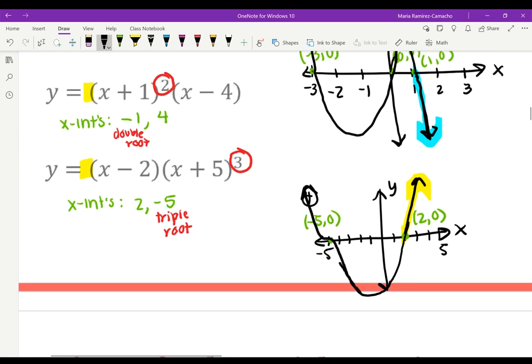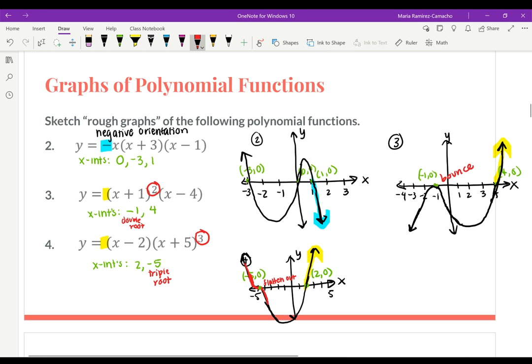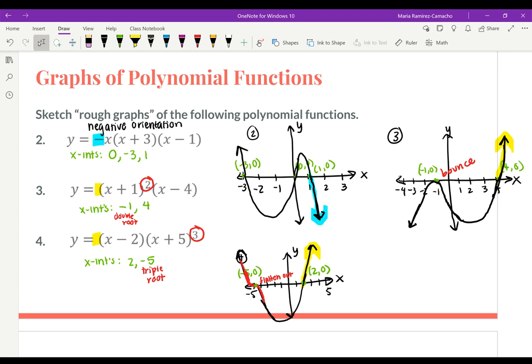Okay, a little hard to see, but we are flattening out on the x-axis right there at negative 5. Okay, and that's it for these problems.